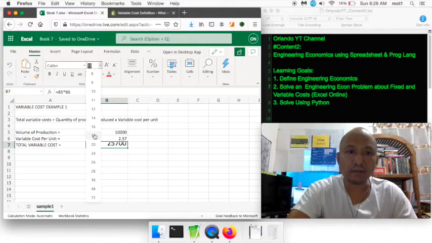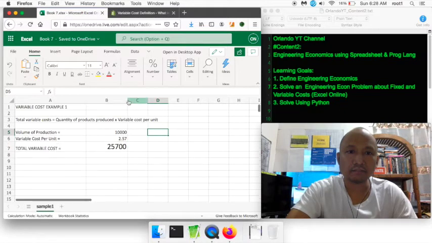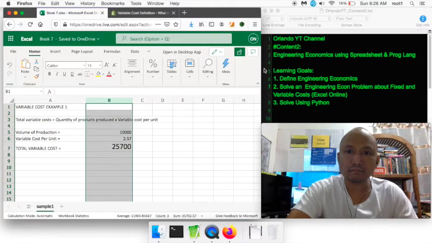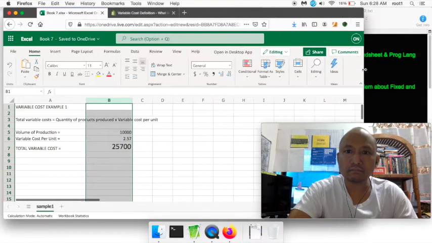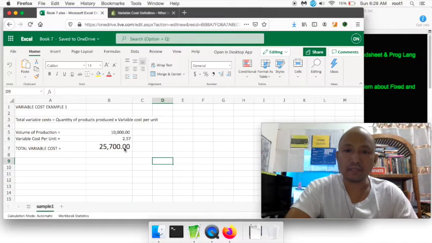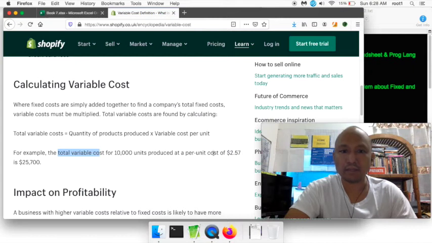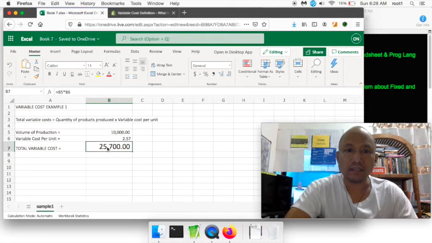Let's make it bigger. And of course, we need to put comma for this. So 25,700. Let's try to see if we have the same answer. Yeah. So in this example, the total variable cost for the volume and the per unit cost is 25,700. There you have it.